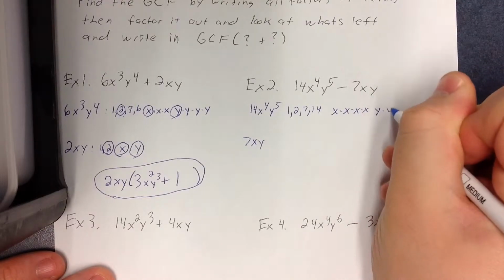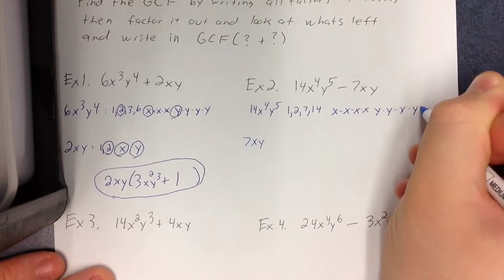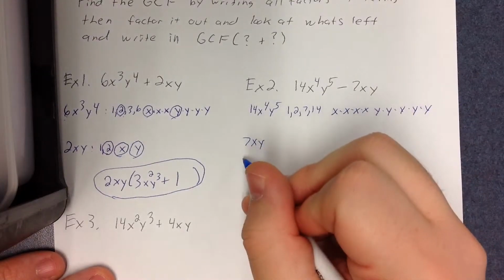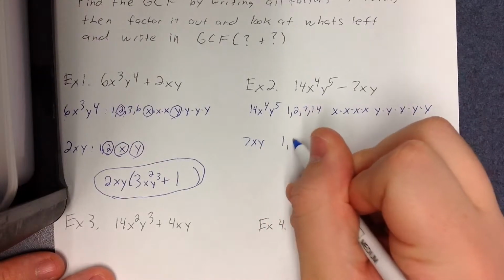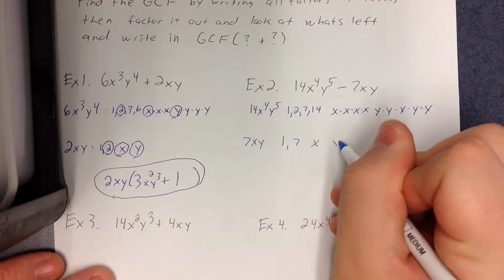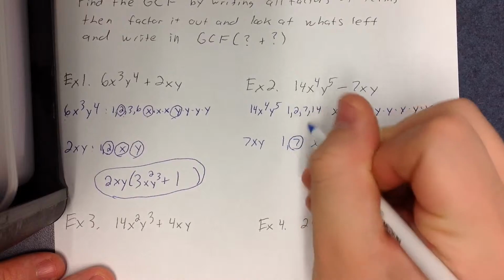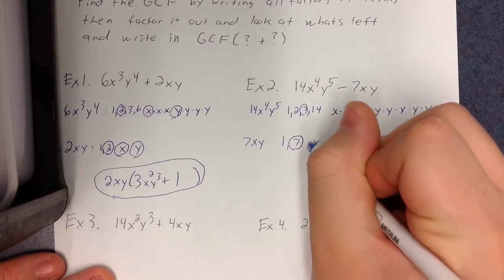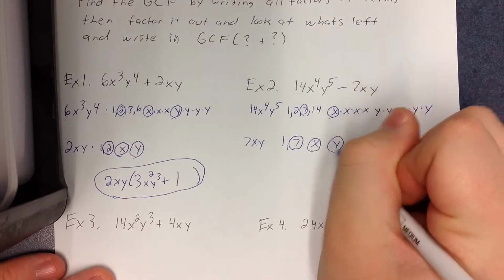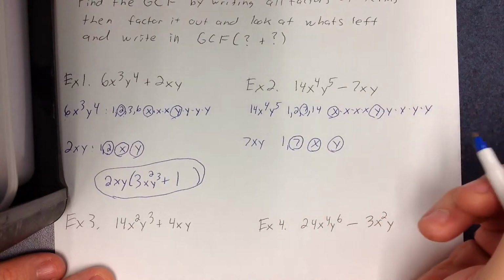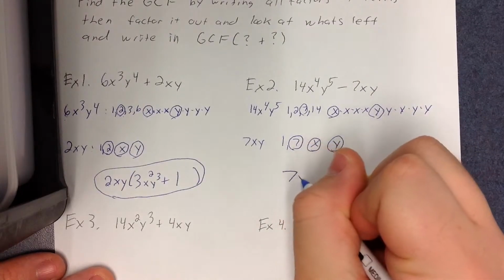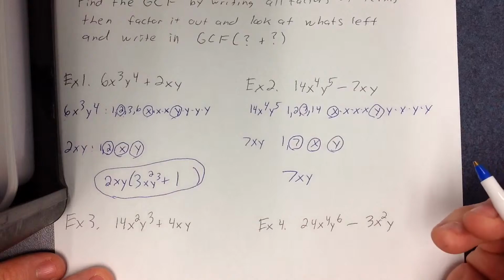Y to the fifth is like 5 y's. On bottom, 1 times 7 gives me 7, and then I have 1 x and 1 y. So the greatest number they both have is 7. They both have 1 x in common, and they both have 1 y in common. So my greatest common factor is 7xy.